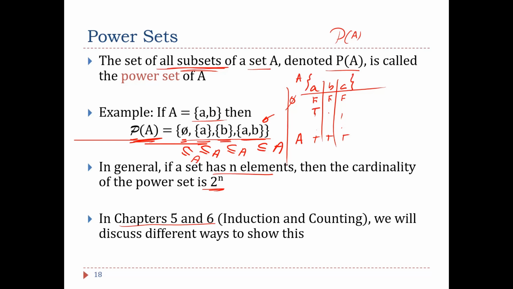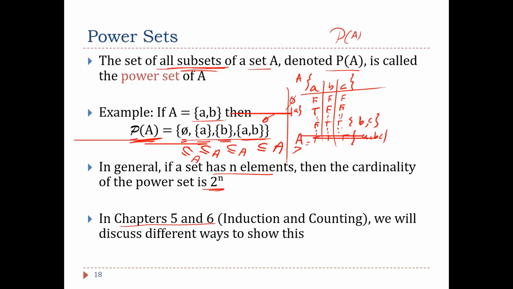The TFF is the singleton set that contains only the element a. FTF is the singleton set that contains b. The FTT, for example, is equivalent to the set with no a, but with b and c, etc. The last one, which is equal to A, is the set containing a, b, c.